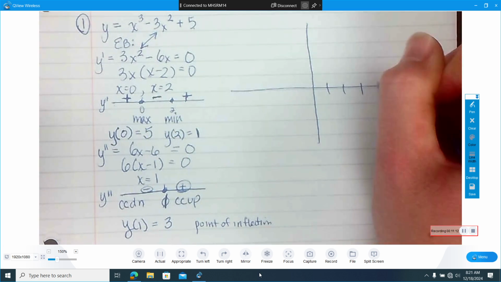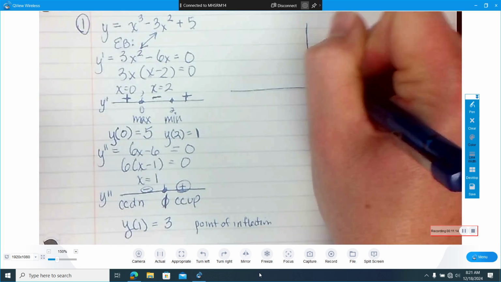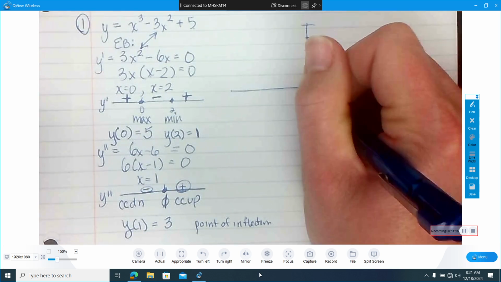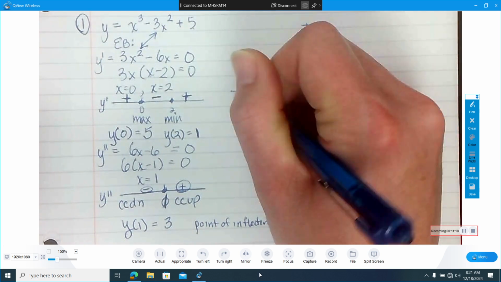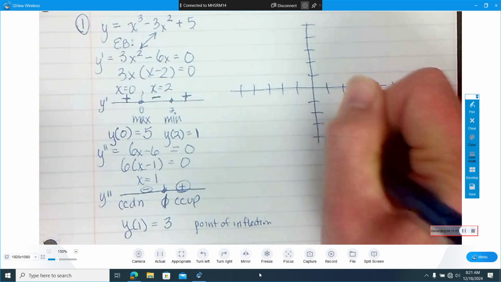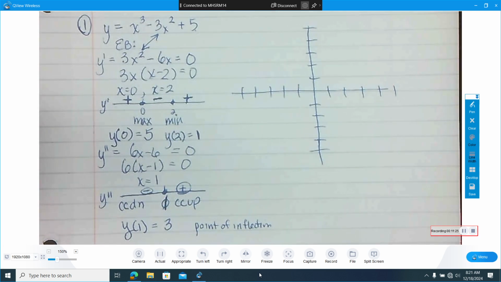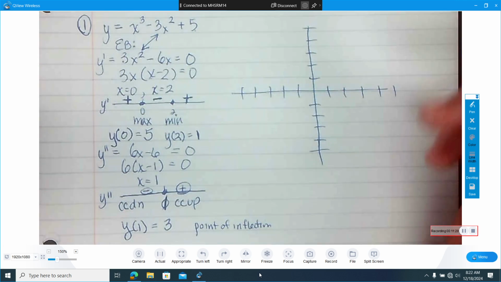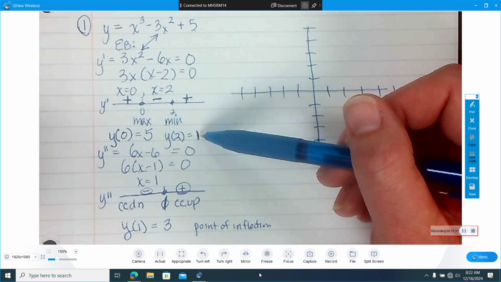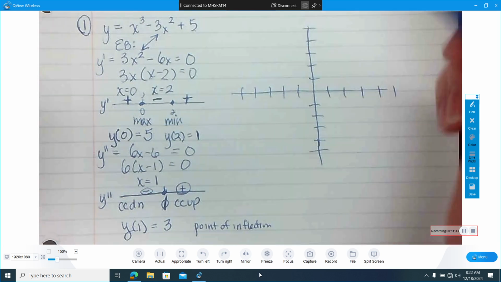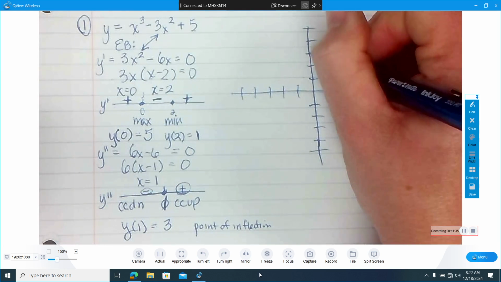Okay, so I have a few things here. I know that I have a relative max at 0, 5.